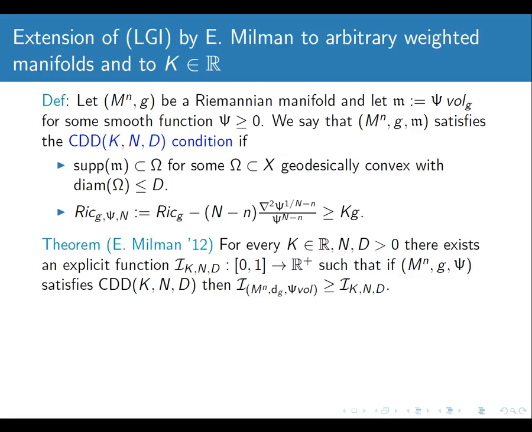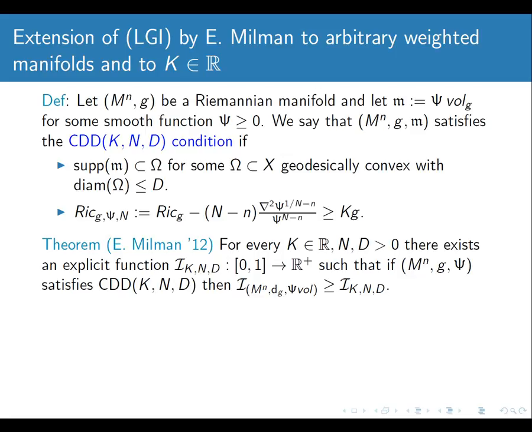With this new condition, Emanuel proved this very nice theorem: for any k in R, capital N, capital D, there exists an explicit function I_{K,N,D} that just depends on these three parameters, such that the isoperimetric profile function of a manifold verifying the curvature dimension diameter condition is bigger than this function I_{K,N,D}.